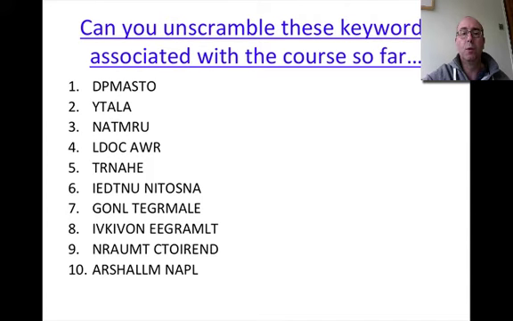If the teacher can pause this now for a minute to let the students unscramble the words.